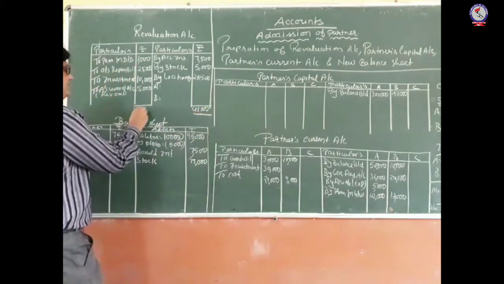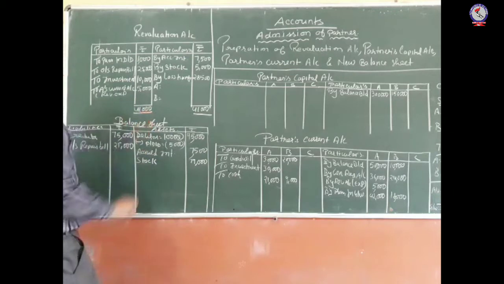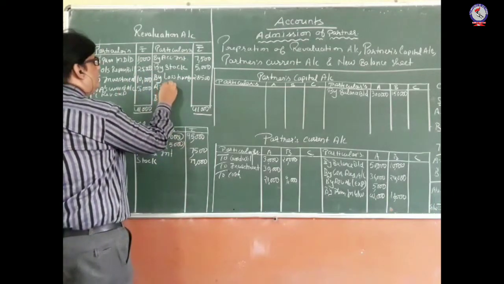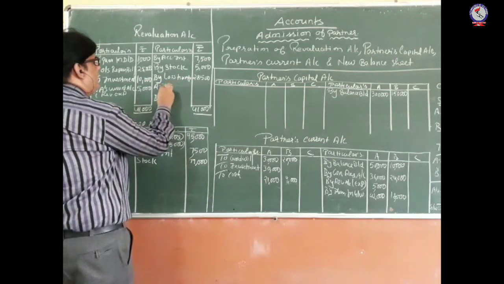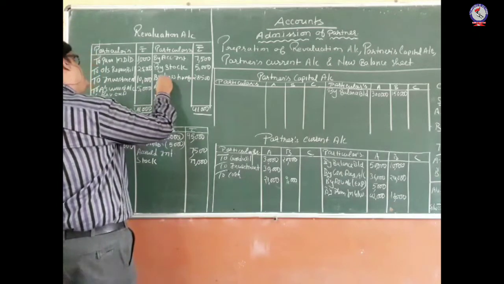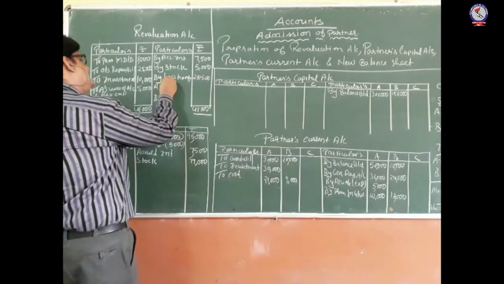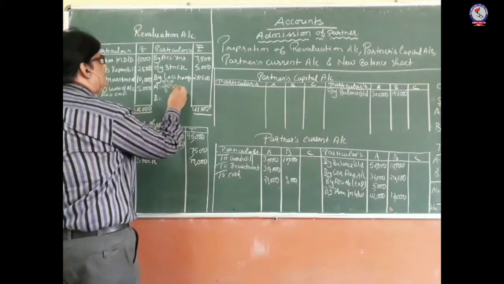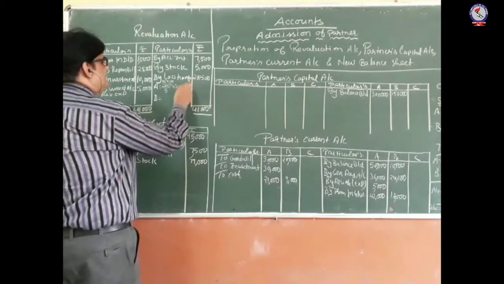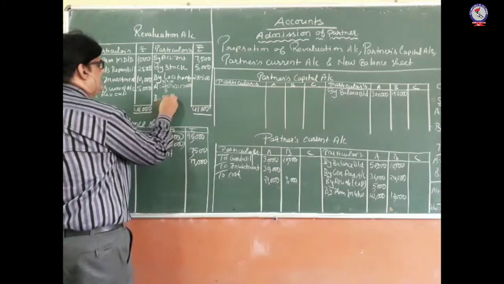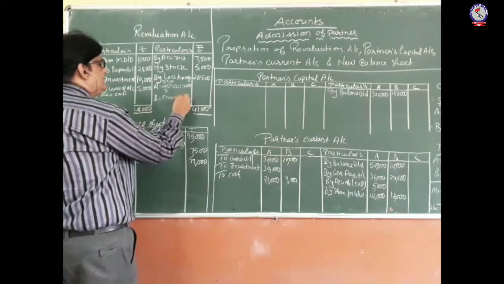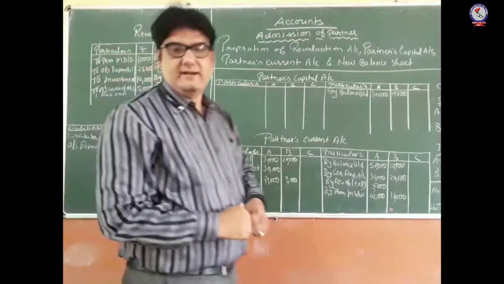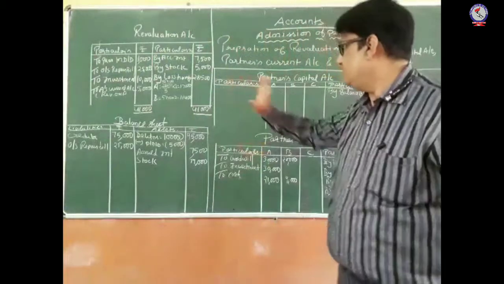Now this 28,500 you have to divide in the old profit sharing ratio of 3:2. 5,700 into 3 is 17,100, and now 5,700 into 2 will become 11,400. So this is how you have divided, that is 17,100 and 11,400.